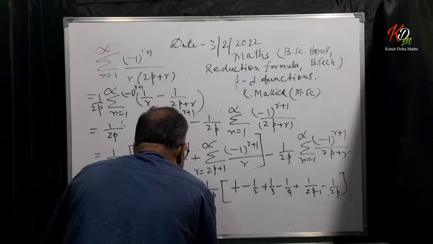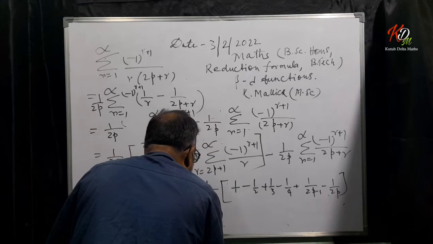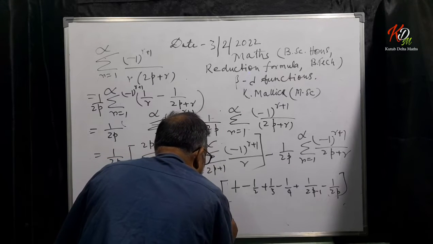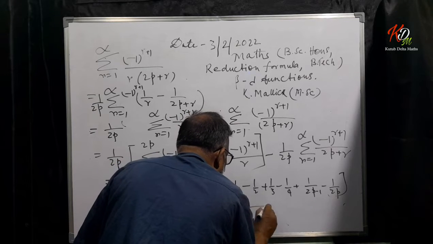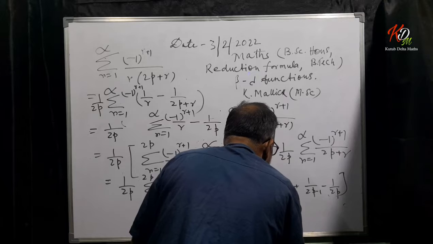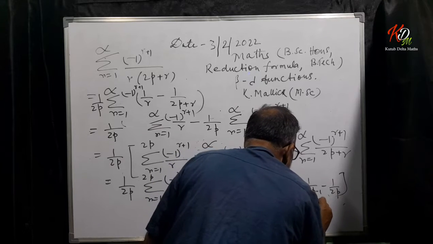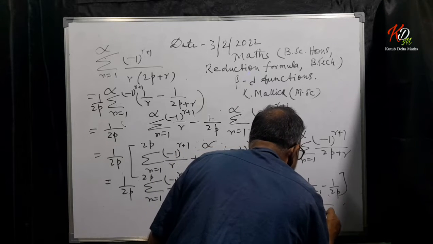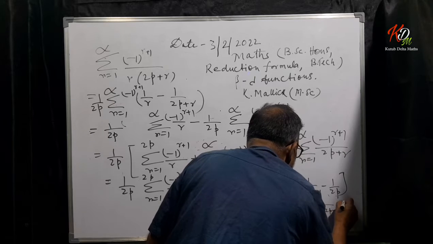So 1 by 2p times (1 into 2, 3 into 4, and the last term will be 1 by 2p minus 1 into 2p).